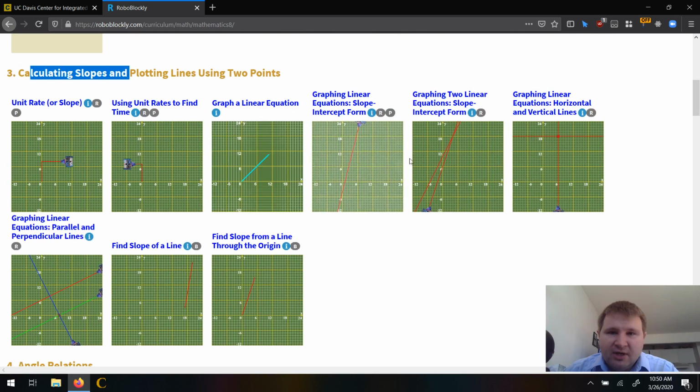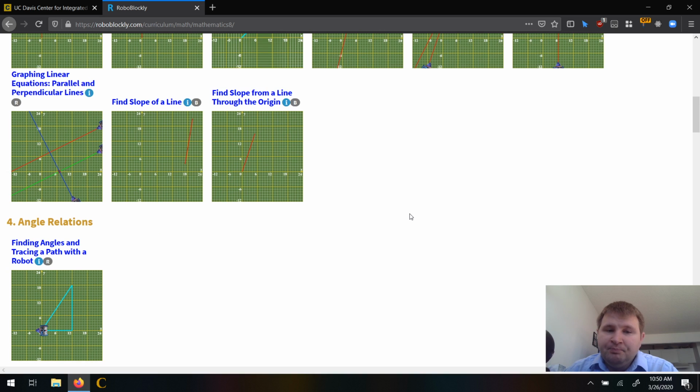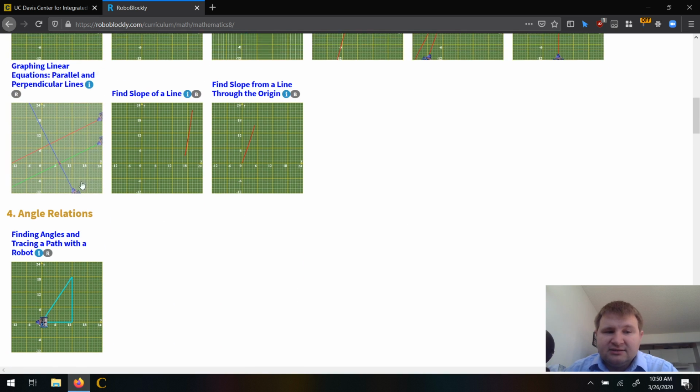We go into looking at intercept points and graphing equations in slope-intercept form, looking at the differences between graphing horizontal versus vertical lines. We look at parallel versus perpendicular lines, finding the slope of lines, and so on.